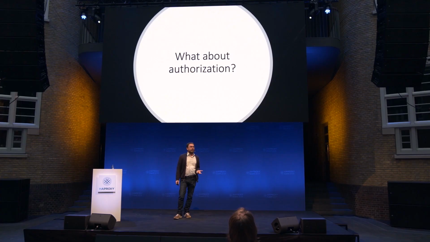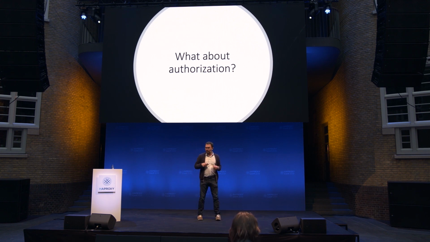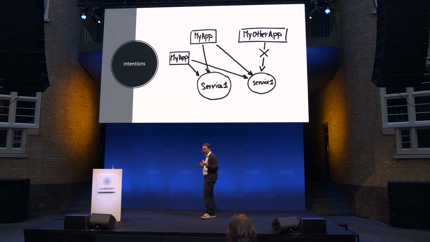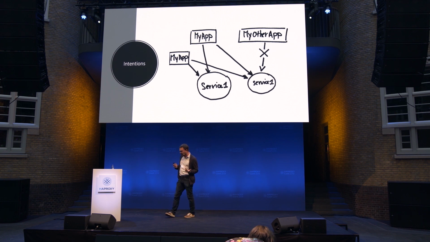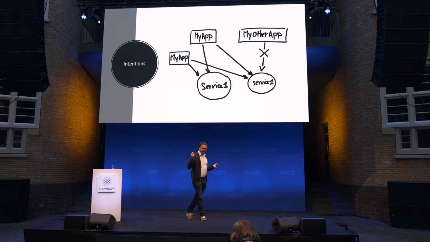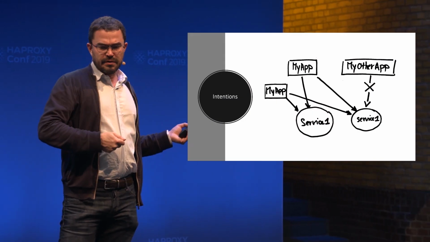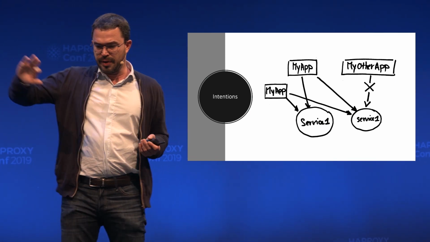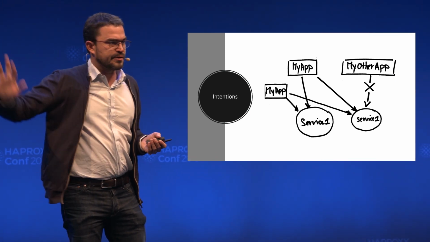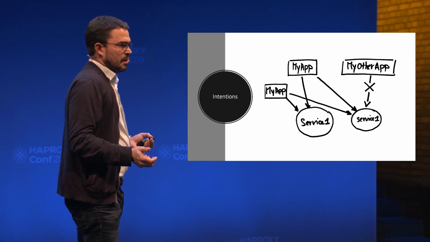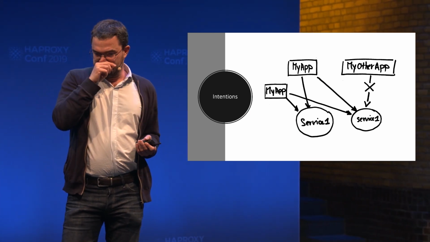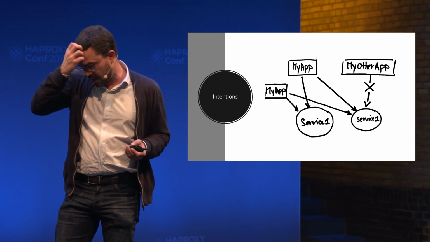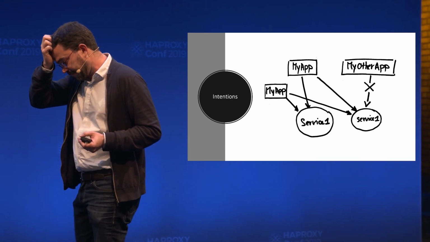So now, what about authorization? Authorization is done in Consul Connect with the term intentions. Intentions is basically a way to say service 1 might be called by my app, but I don't want my other app to call service 1. So it's a very important piece within Consul Connect.